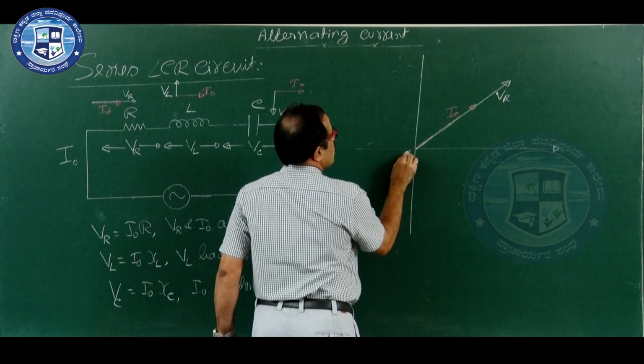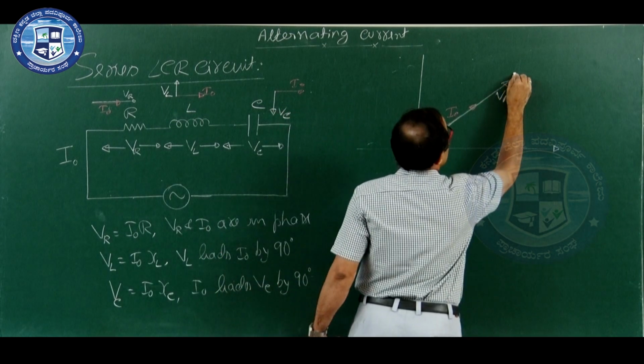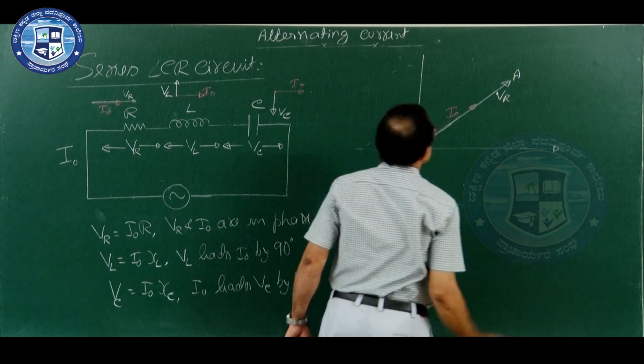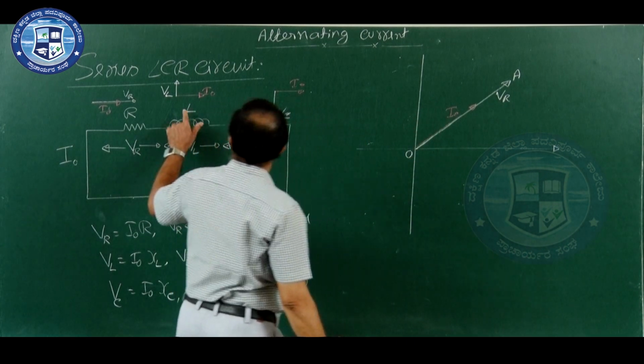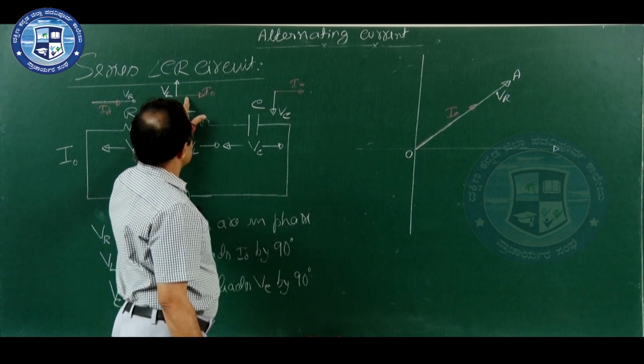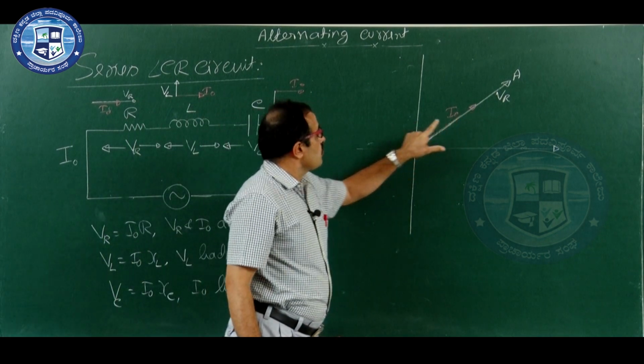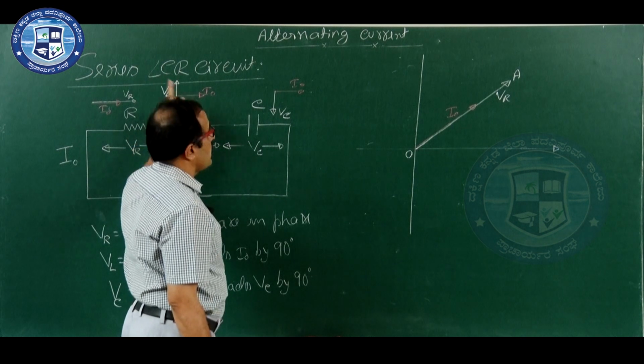Let us say it is origin, it is point A. Now, for inductor, current is here I naught. What about voltage? 90 degree ahead.